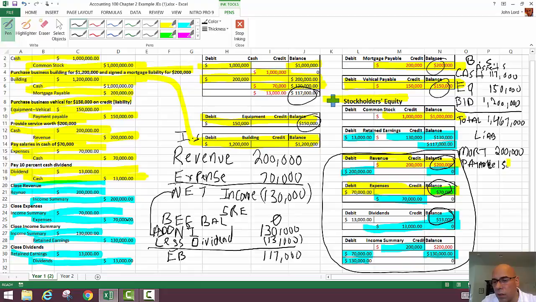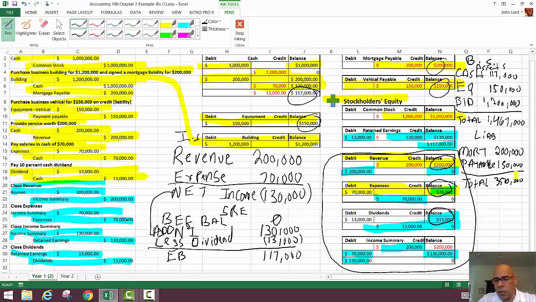Got that. Isn't this exciting? Any other liabilities? No, I think that's it. So my total liabilities are 350,000. Even I can do that one in my head.